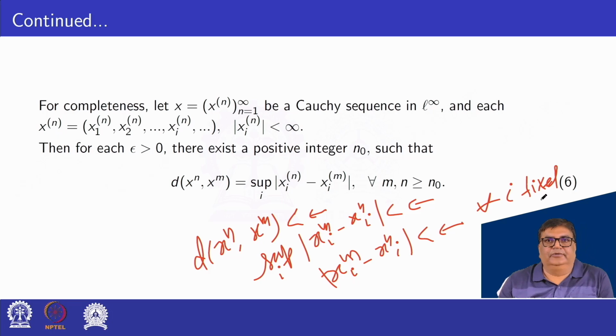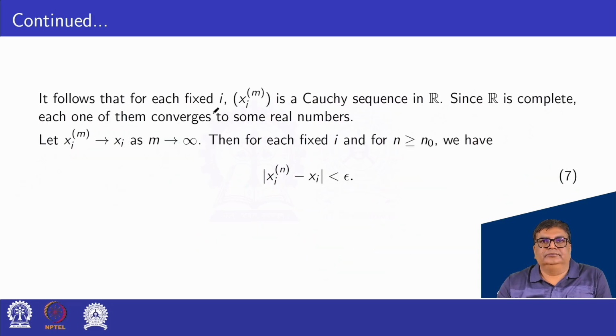So x_mi is a Cauchy sequence in R for fixed i.